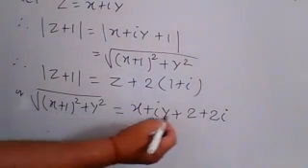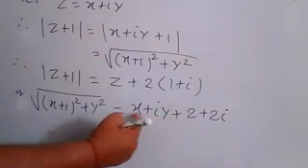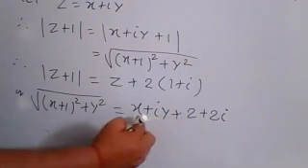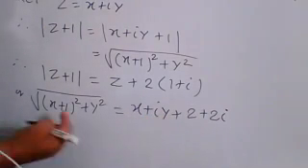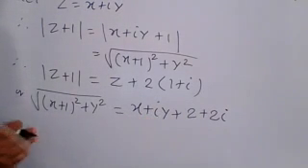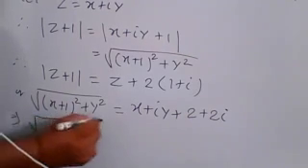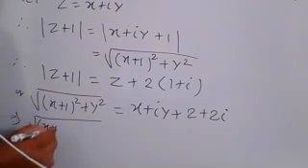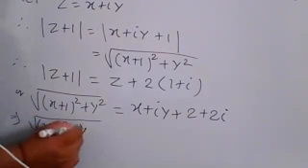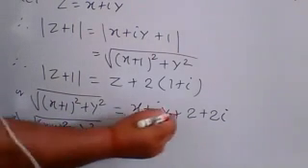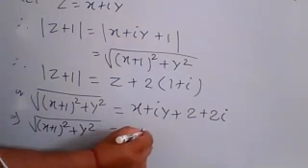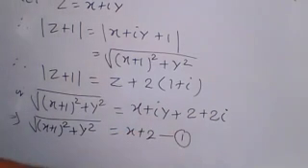Now if you are equating its real part, on the right side your real part is x plus 2. So comparing, you have under root x plus 1 whole square plus y square is equal to x plus 2. That is your first relation.